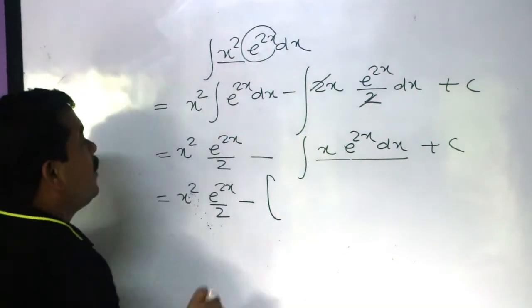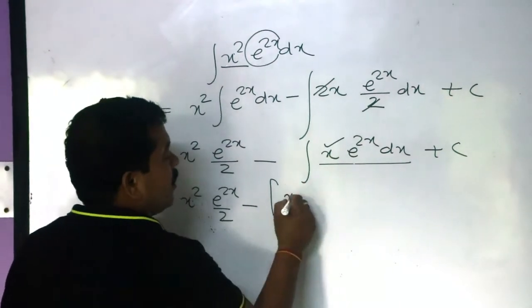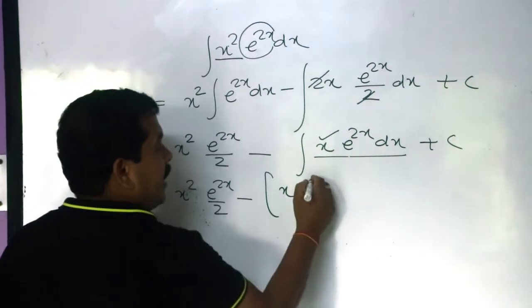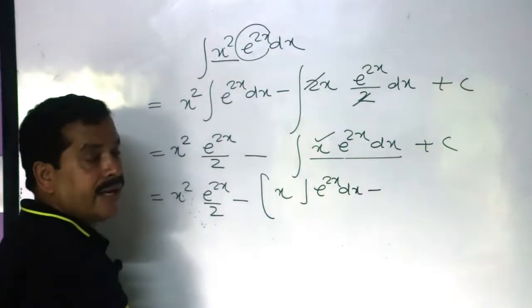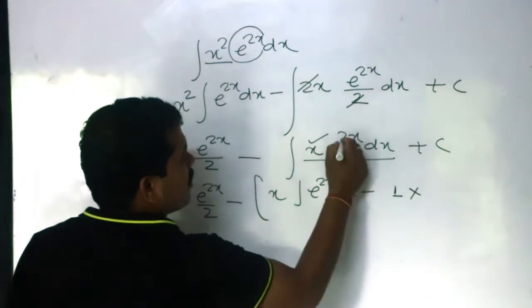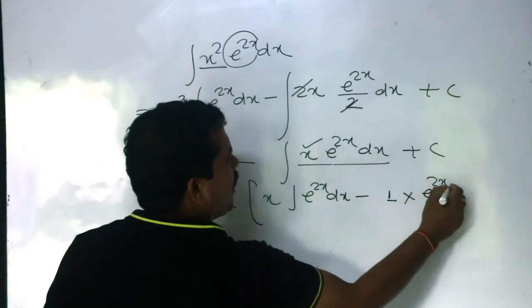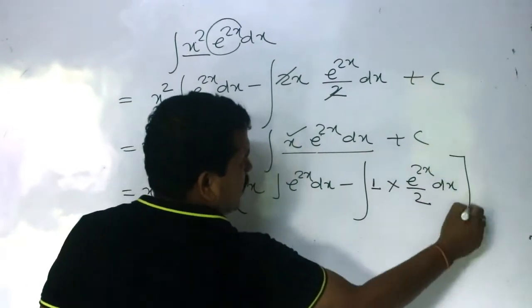Then here x is the second function, keeping x fixed, and integrate e to the power 2x as the first function, minus derivative of x, which is 1, integration of e to the power 2x is e to the power 2x by 2, and integrate again with respect to x plus c.